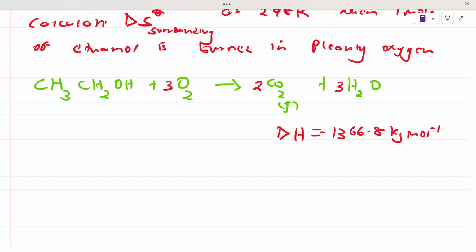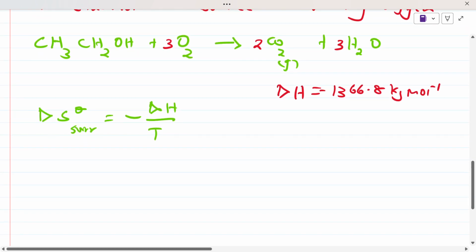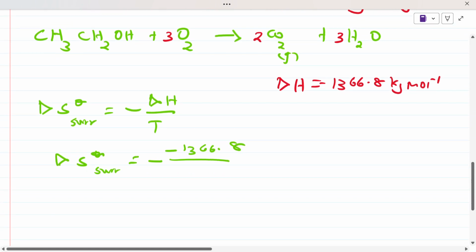So it's very simple. I'm simply going to key everything into my formula. We said delta S of surrounding is equal to negative enthalpy change all over the given temperature upon which the reaction is occurring. So my delta S under standard condition of the surrounding is going to be a minus of minus 1366.8 all over 298 Kelvin, since the reaction is happening at 298 Kelvin.